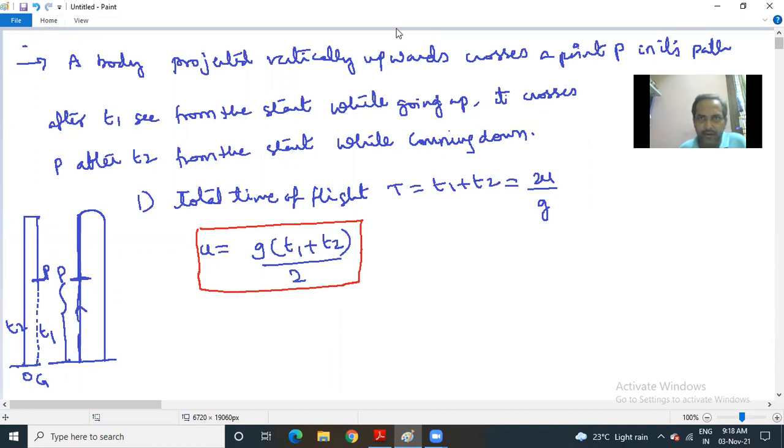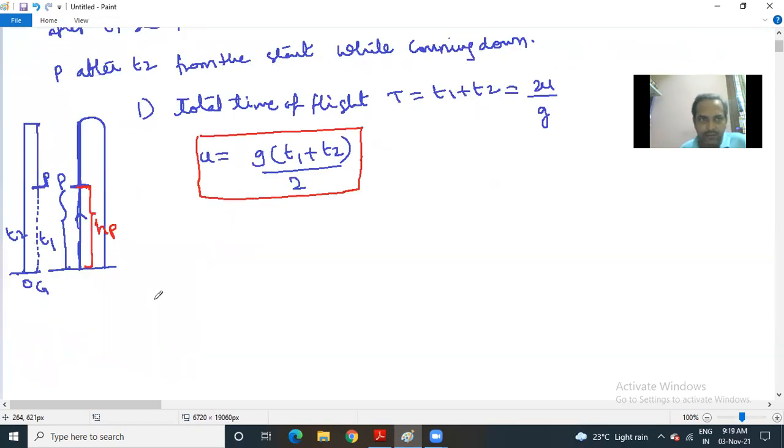Now let us find out the height of point P from the ground. Let us make use of the equation of motion, say second one: S equals ut plus half at square.